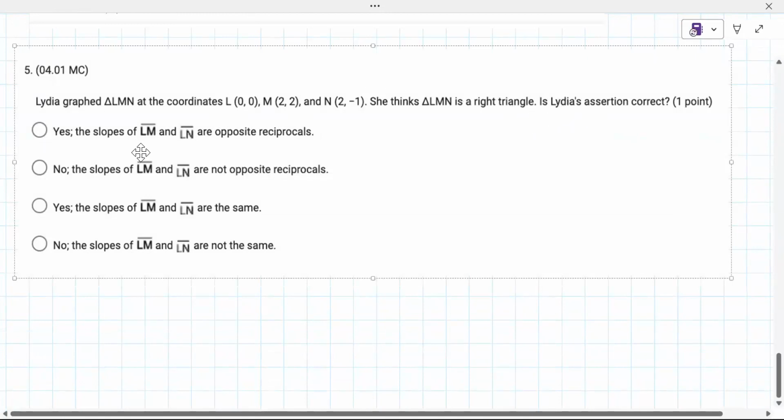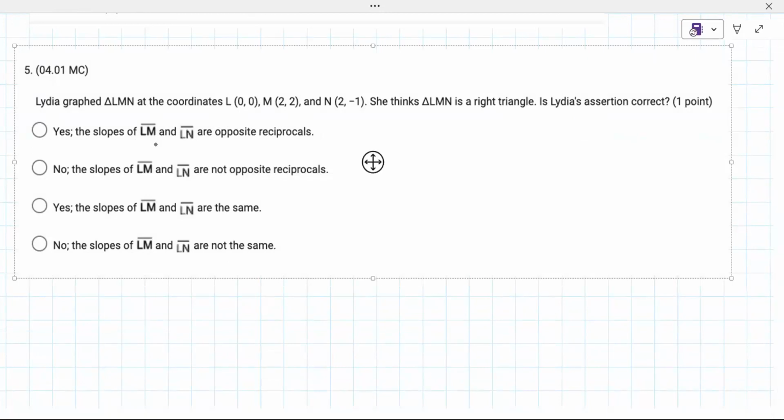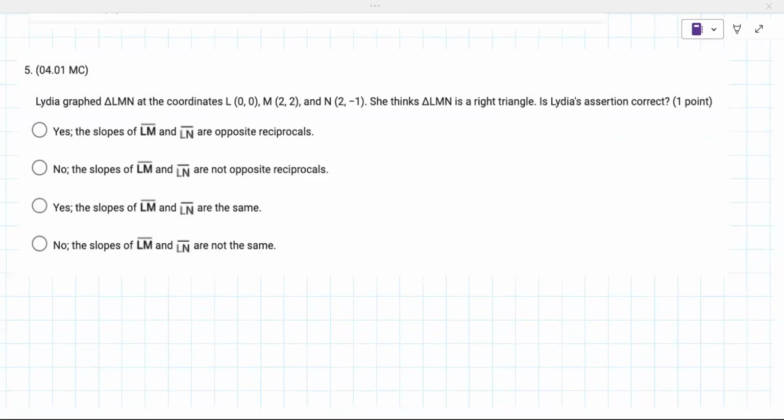Is Lydia's assertion correct? So did you graph this or not? Not yet. I don't think I did. So I'll graph it here for us and I'll drop a picture in. The graphing is super critical. Even if you just have a rough sketch of it on your paper without gridded lines, better than nothing.